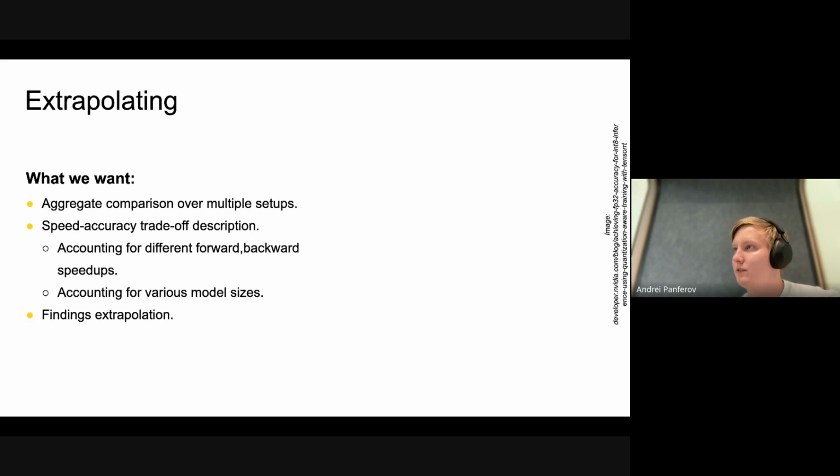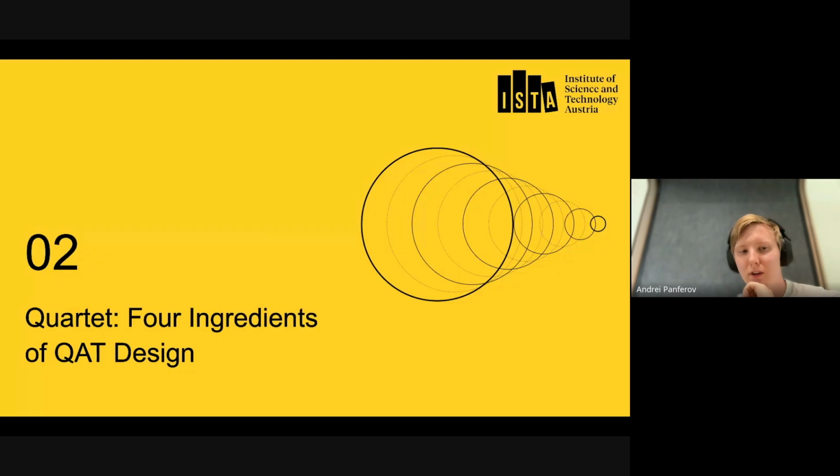And ideally, this framework would even allow us to extrapolate our findings to know which models would be optimal even before we actually train those models, to make predictions about the optimality of certain precisions.